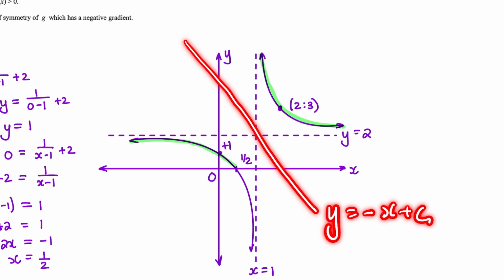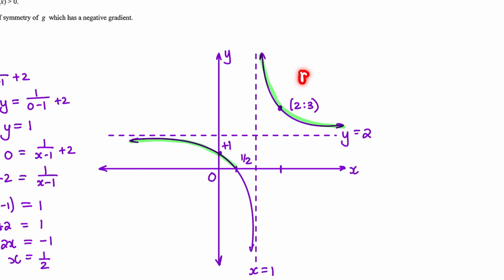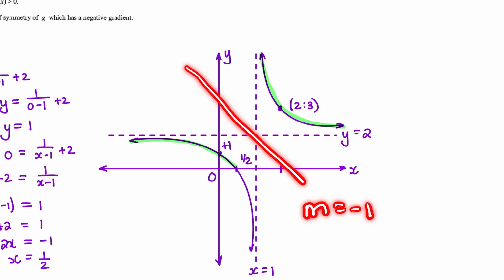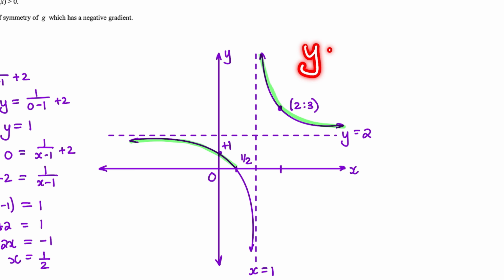So remember, the axis of symmetry either has a gradient of positive 1, or when it's negative, the gradient would be equal to negative 1. So if you think of the format of y equals mx plus c, for a negative gradient, we already have that as negative 1.